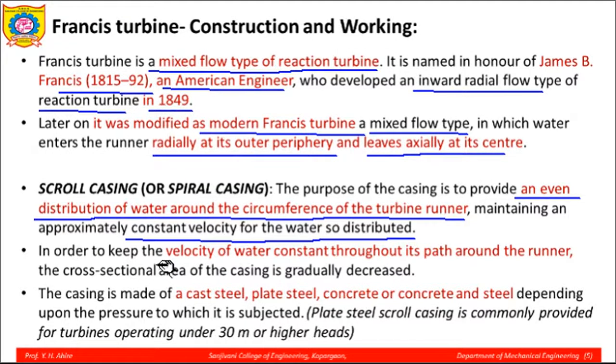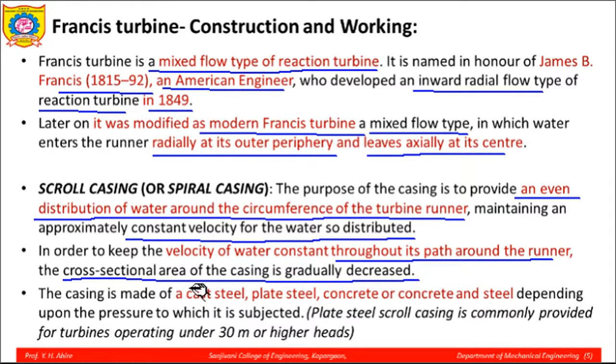Now, in order to keep the velocity of water constant throughout its path around the runner in the casing, the cross-sectional area of the casing is gradually decreased.